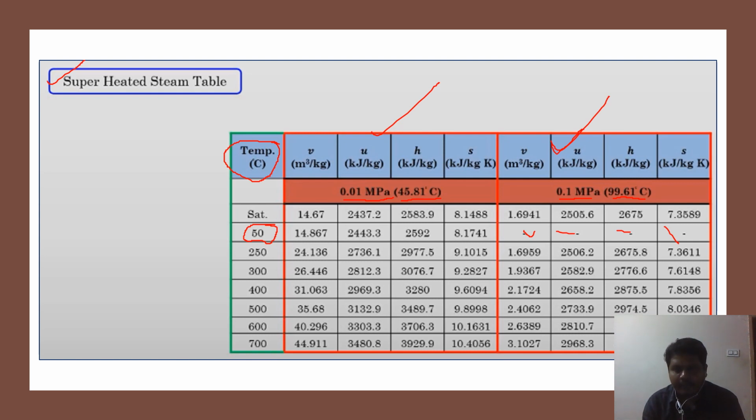Here at 0.1 megapascal, the saturation temperature is 99.61 degrees centigrade, which means this steam table cannot give values below the saturation temperature. That's why at 50 degrees centigrade this row is empty.